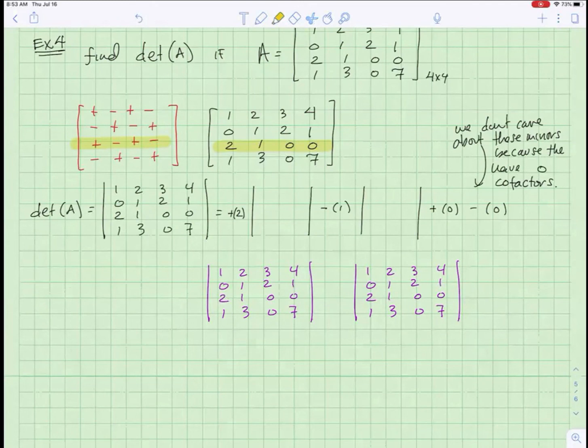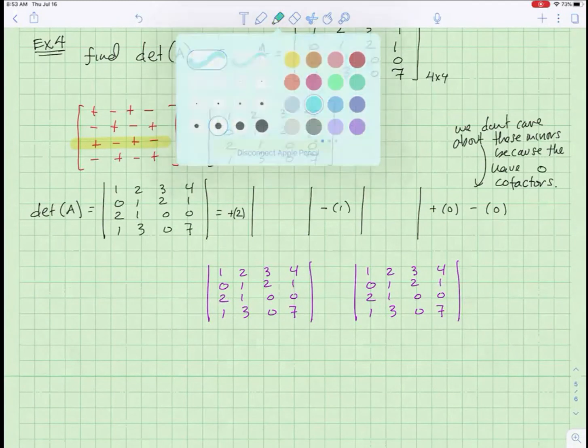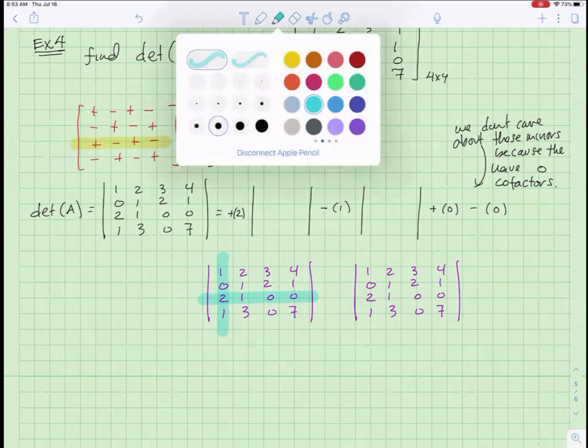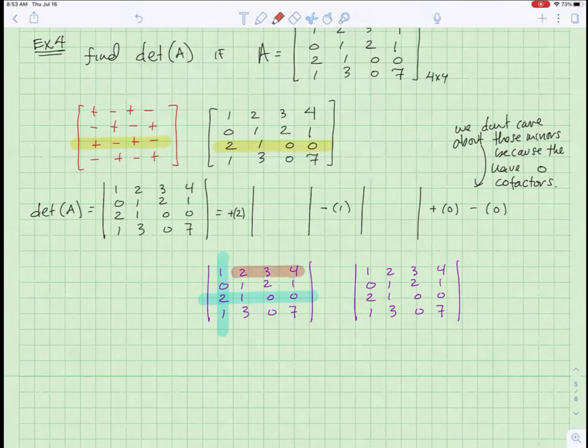When we cross out the row or column containing that 2, our minor determinant isn't 2 by 2. It's 3 by 3. So maybe you can work out what that means for yourself. I'll explain it if you can't.